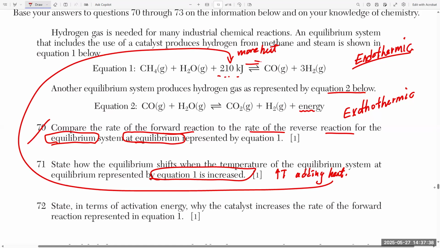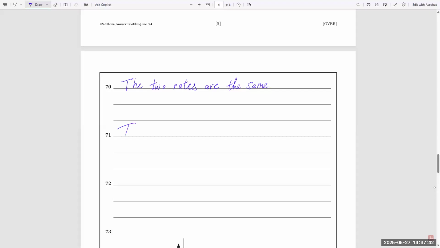It's going to end up going more forward, right? So the equilibrium shifts to the right, or you could also say products.